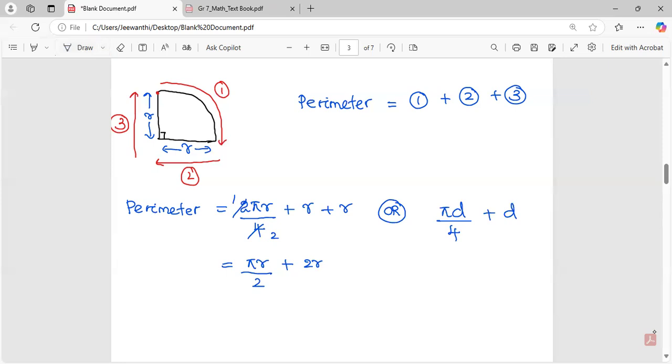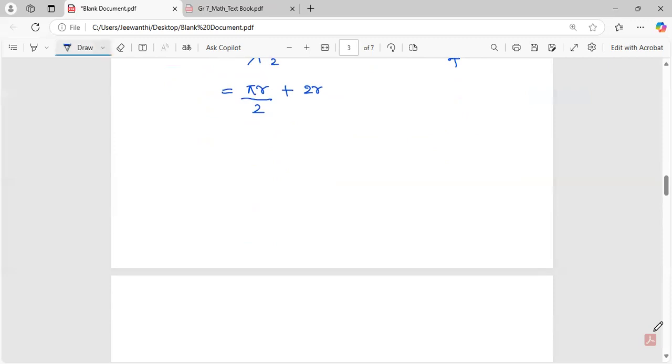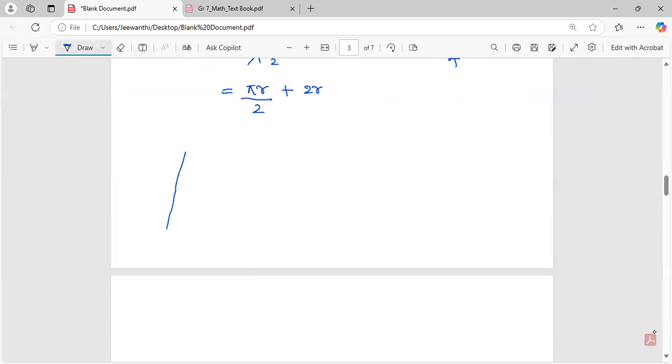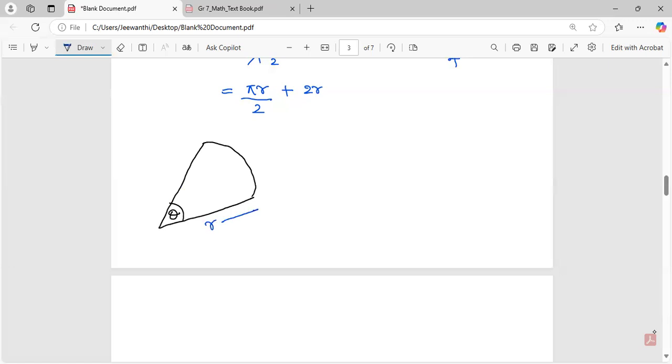So then we will move to the sector. Now you know what a sector is. A sector is a portion of a circle like this. It can be any theta value. I will draw it like this. This is the theta value, and these will be the radius.